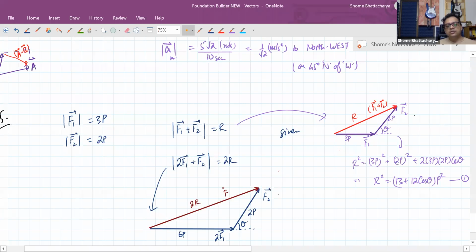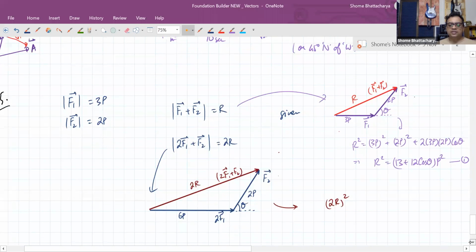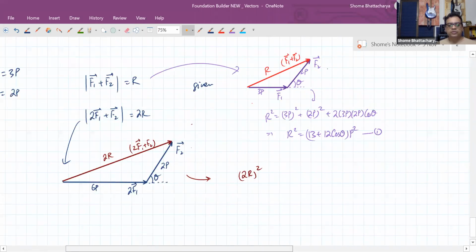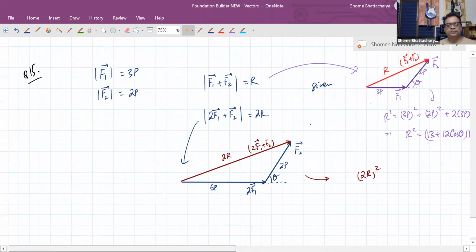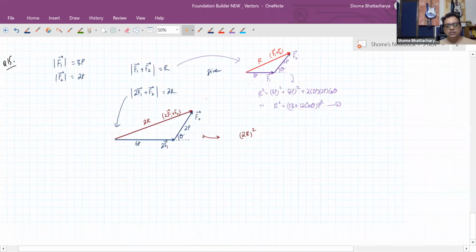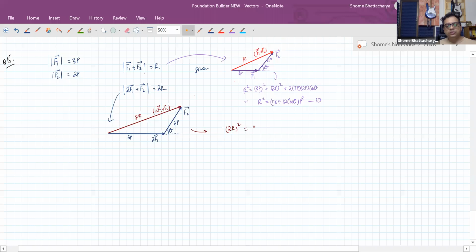Okay, this is your 2F1 plus F2. So what does this give us? This gives us the relation that this is equal to, so now we write this relation and solve it with the first one. Okay, so that's all we have to do here. So this gives you that this is equal to 6p whole square plus 2p whole square plus 2 times 6p into 2p into cos of the same angle.